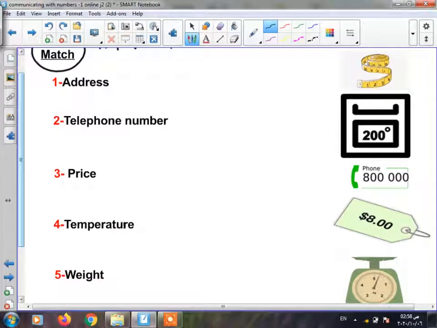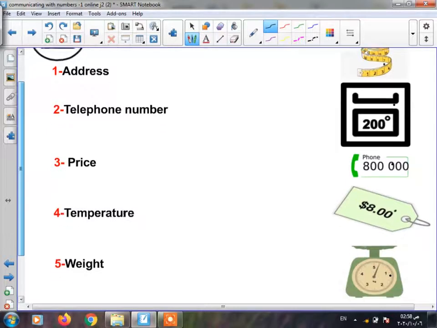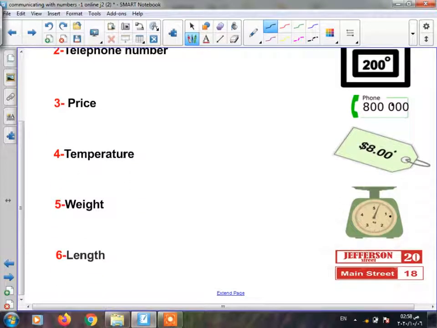Number one, address. What do you think? Which one of those gives me information about address? The first one? No. The second one? No. The third one? No. The fourth one? No. The fifth one? No. What else? Yes, the last one.